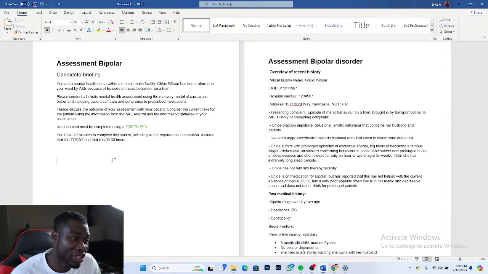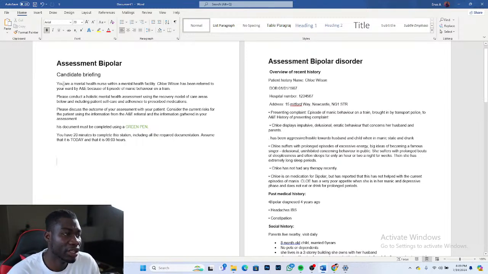Or the patient can be a resident in a care home where they've started to suspect that the patient is having some sort of mental health issues, and you as a mental health nurse would be sent there to do the assessment, and if need be, you can also refer the patient to specialist mental health care. So in any of these situations, you should expect either a community-based assessment or an admission-based or hospital-based one.